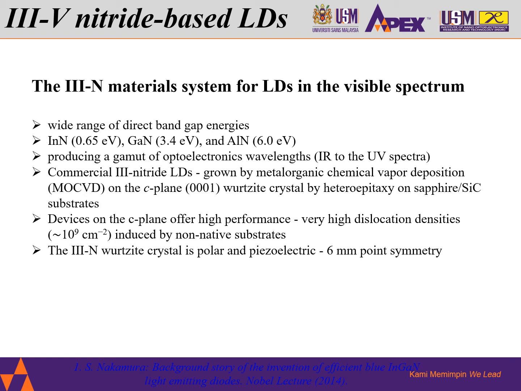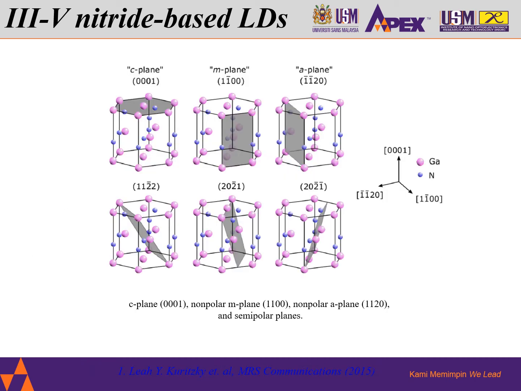The III-nitride wurtzite crystal is polar and piezoelectric, which is of the point group 6mm symmetry. This is the wurtzite crystal structure for C-plane (0001), M-plane (1100), A-plane (1120), and semi-polar planes for all of the green and blue laser diodes.